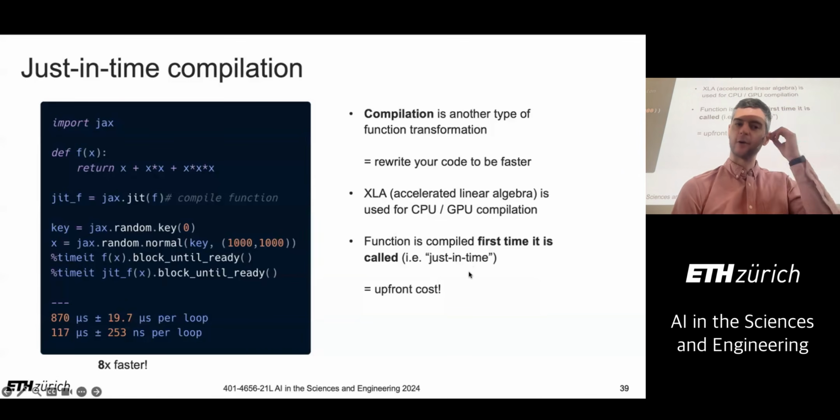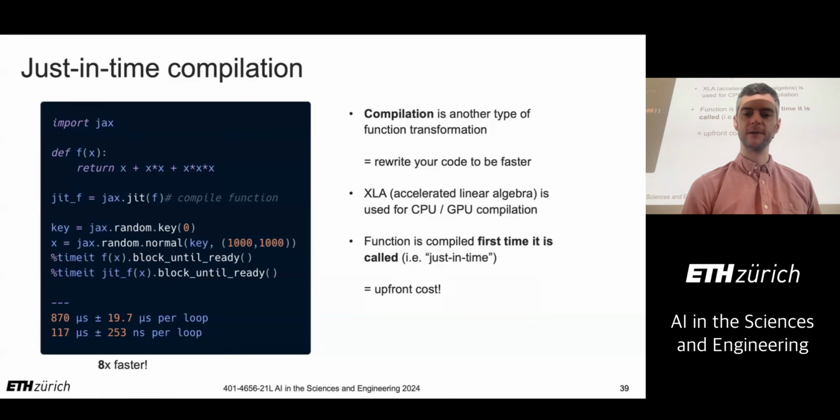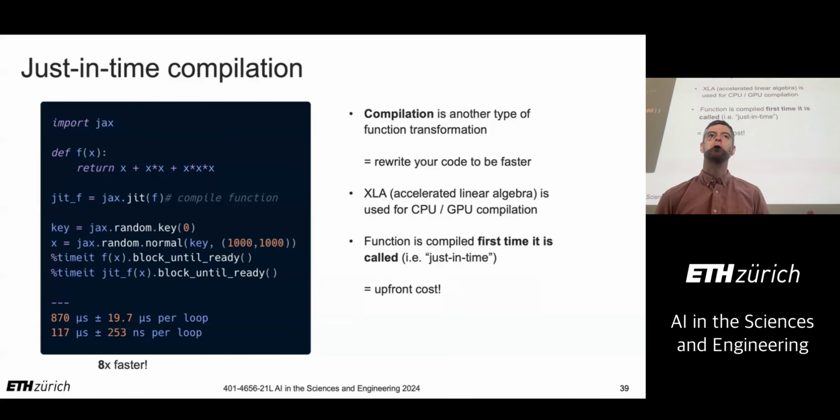But there is a cost here, and the cost is that it takes time to compile the function. It depends on the function, but sometimes this can take seconds or more. This is an upfront cost. So typically you'll only compile functions that you're going to run hundreds of times, so that the upfront cost is amortized, or is not important.